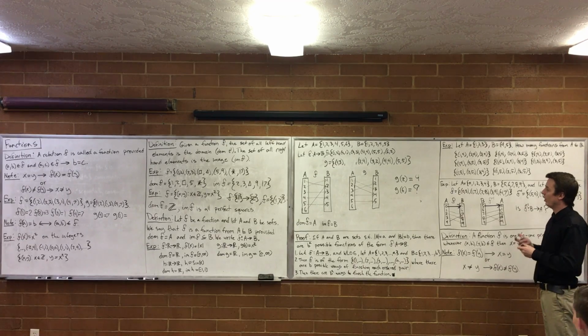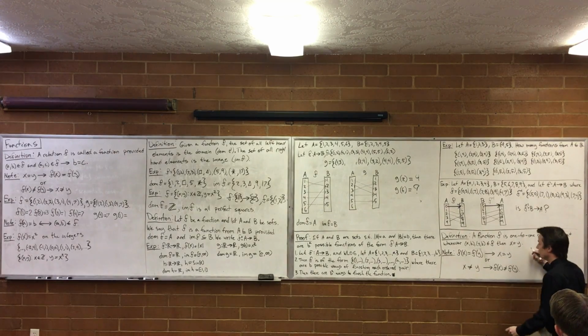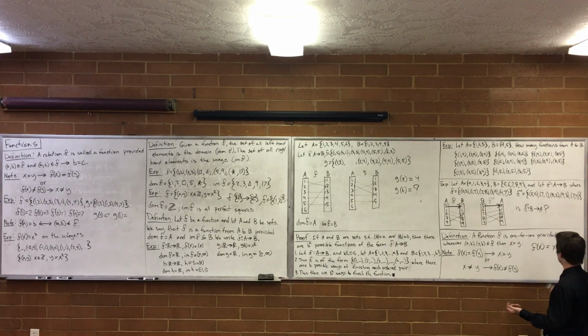So I can prove to you a function is one-to-one real quick. Let's say f of x equals x plus 3. I'll prove that's one-to-one. I assume x plus 3 is equal to y plus 3.